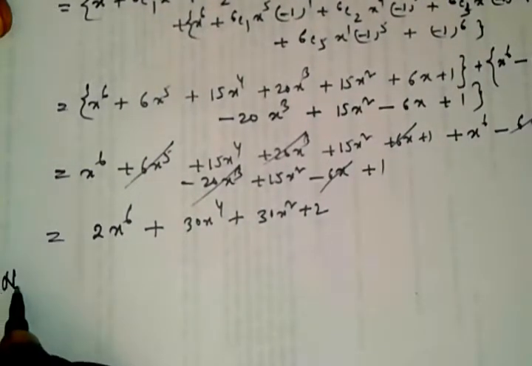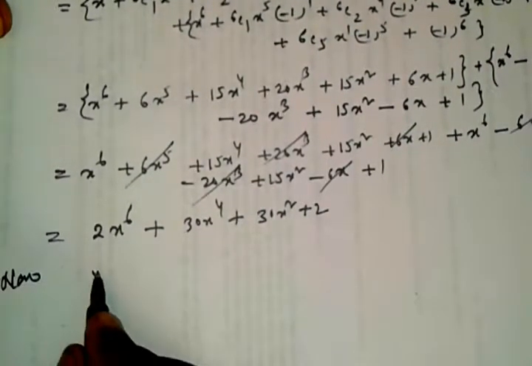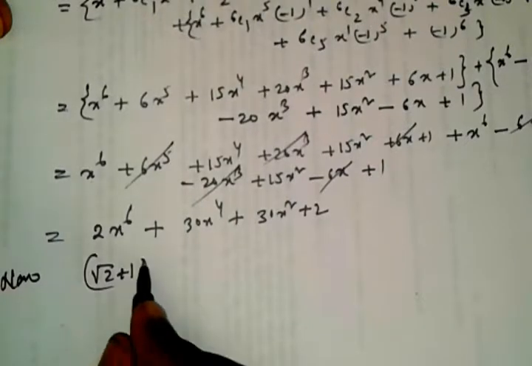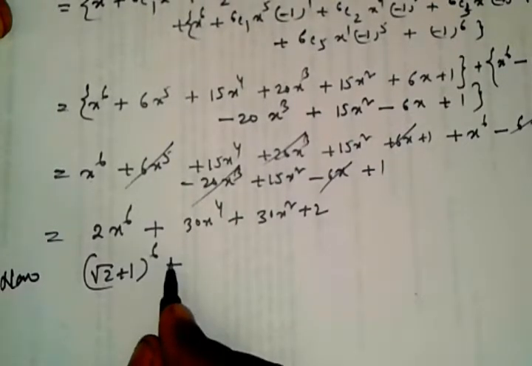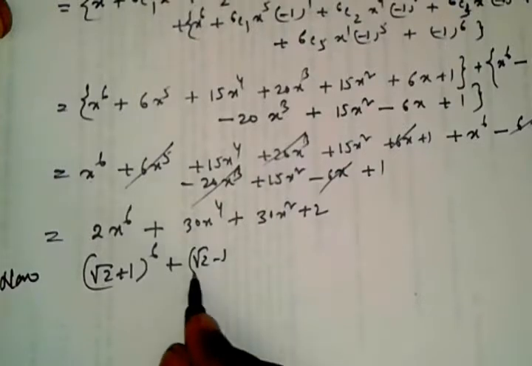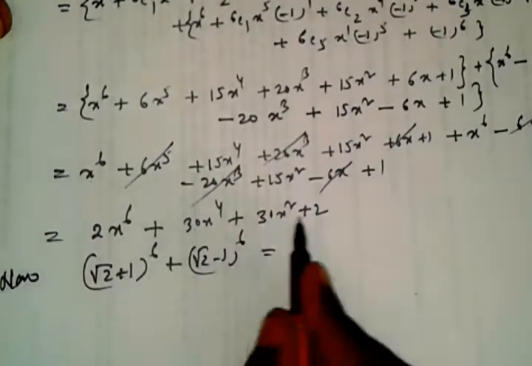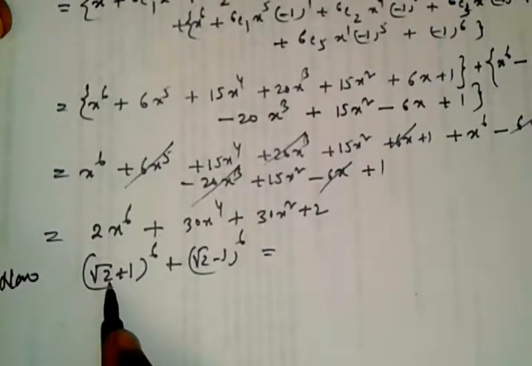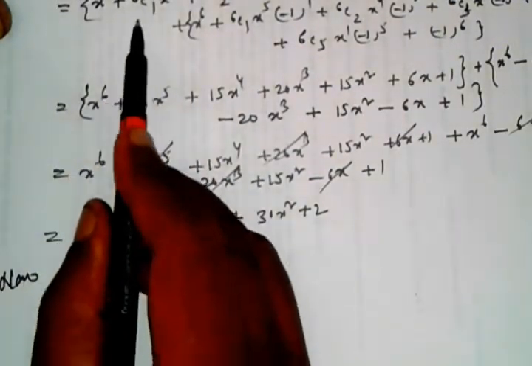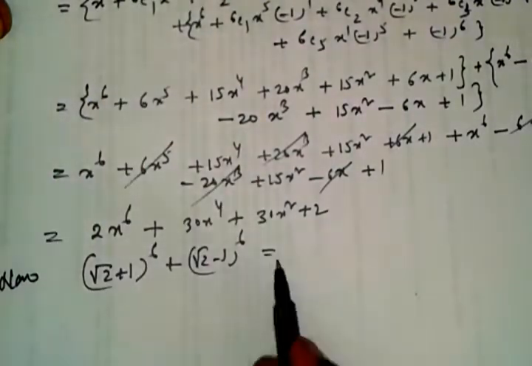Now we have to find out this: root 2 plus 1 whole to the power 6 plus root 2 minus 1 whole to the power 6. In place of x here we write root 2, because it is the same as x plus 1, that is root 2 plus 1.